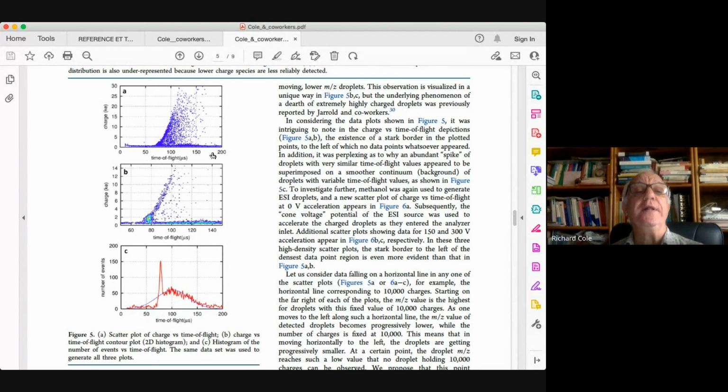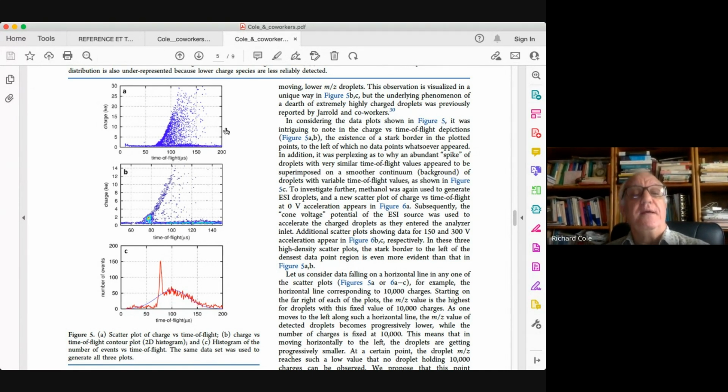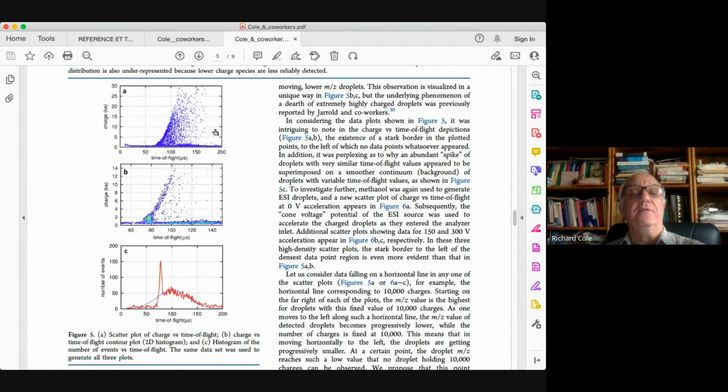I told you earlier that this time of flight scale here, our x-axis, tracks in the same direction as mass to charge value. So if we're way out here, looking at this horizontal line, only species that have 10,000 charges, we're looking at really high mass to charge value droplets.